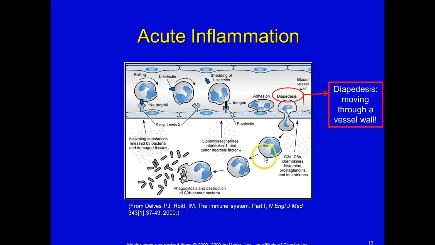So now we're inside the tissue. Now that it's in the tissue, it's able to phagocytize and destroy C3b coated bacteria, which is what opsonization is. Opsonization is the C3b coating. Okay? So that is the process of diapedesis, the white cell moving through the blood vessel into the tissue.